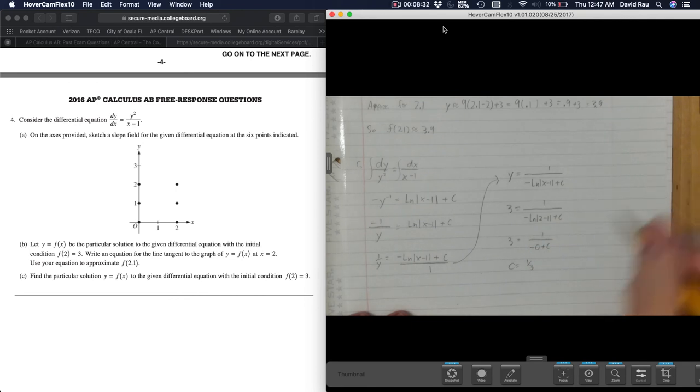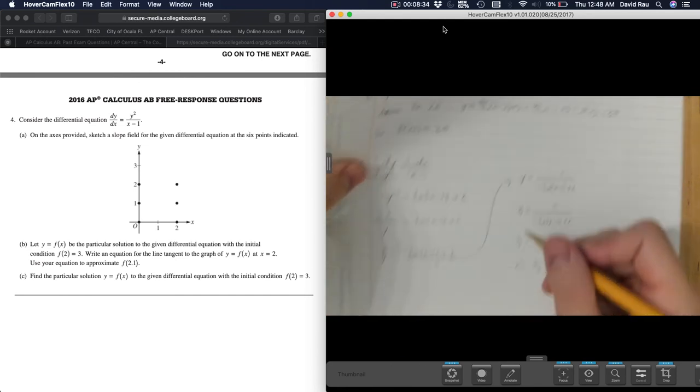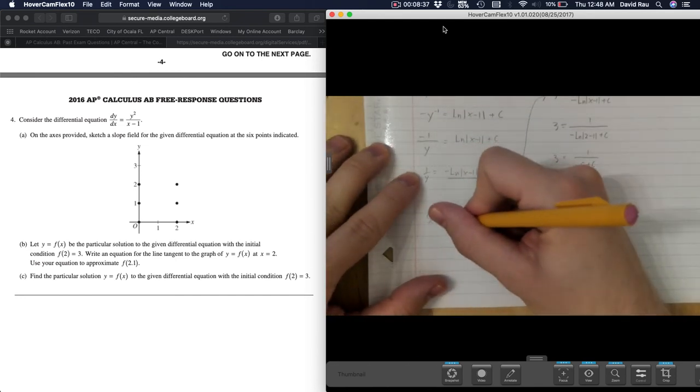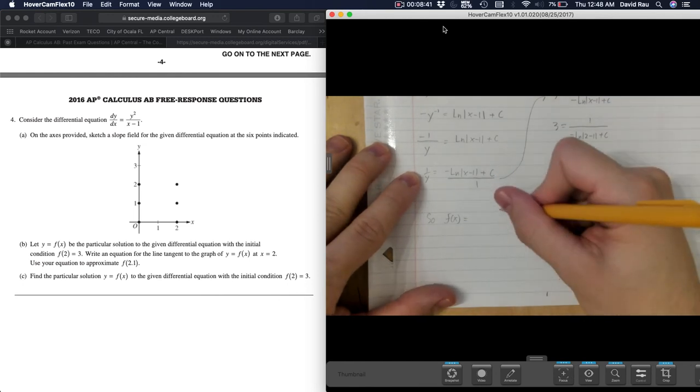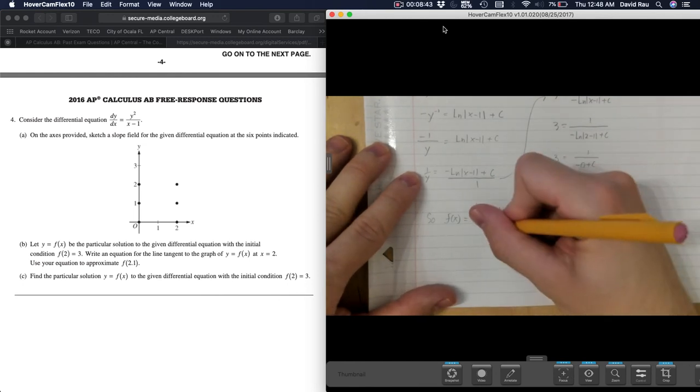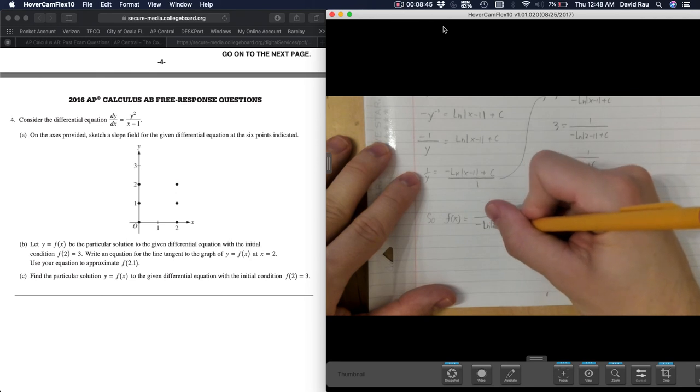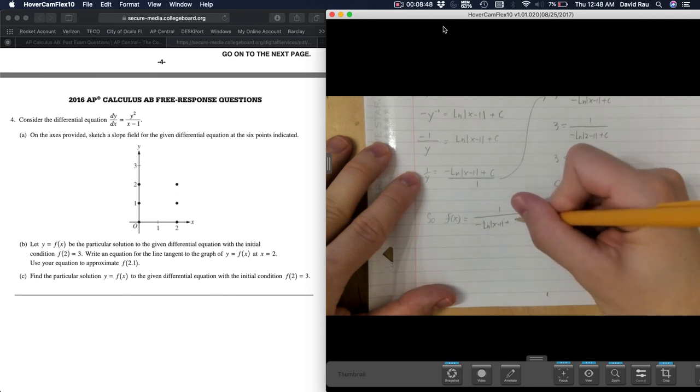All right. So all in all, last but not least, f of x, that's what y is, equals 1 over negative ln x minus 1 plus 1/3.